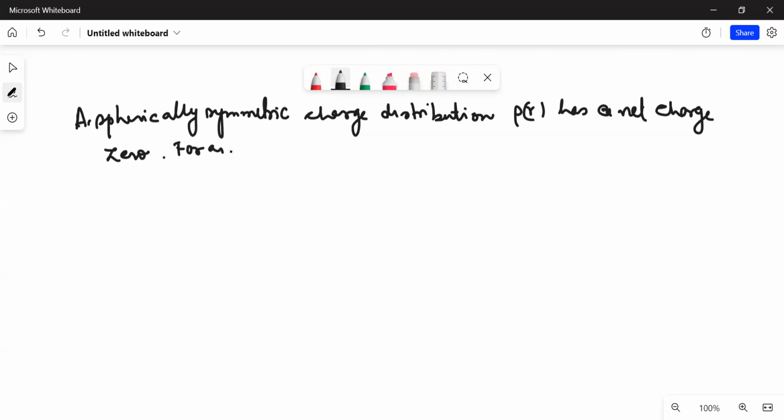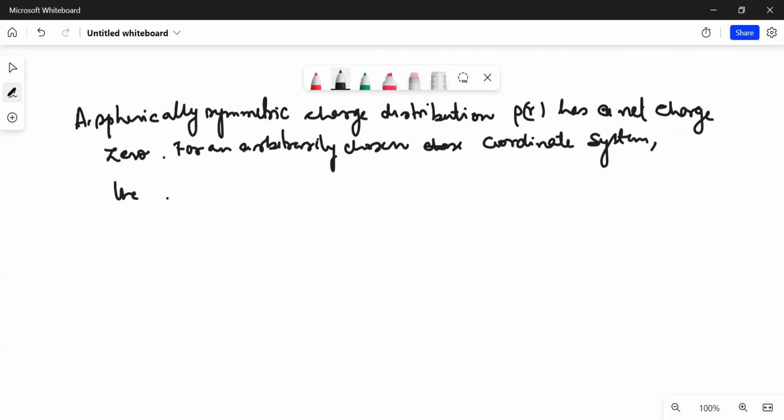For an arbitrarily chosen coordinate system, the dipole moment will also be zero.